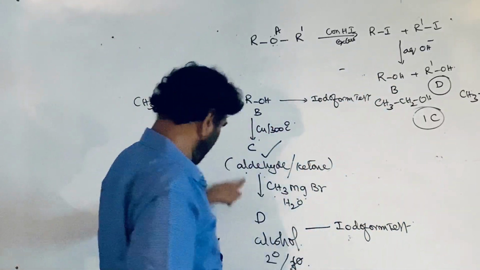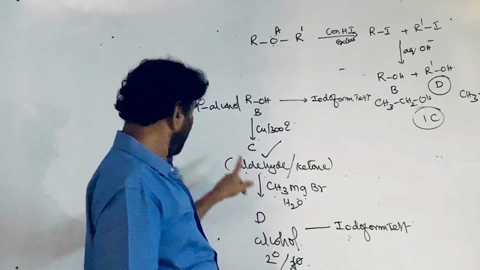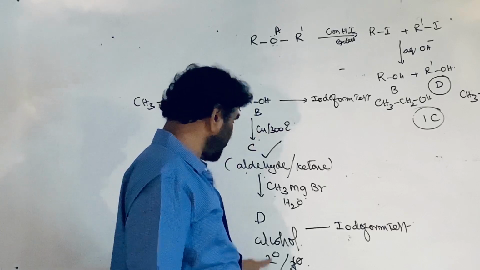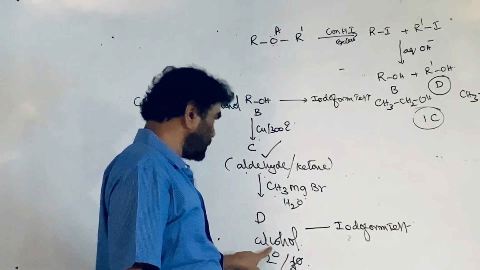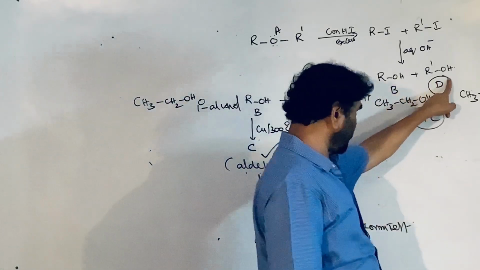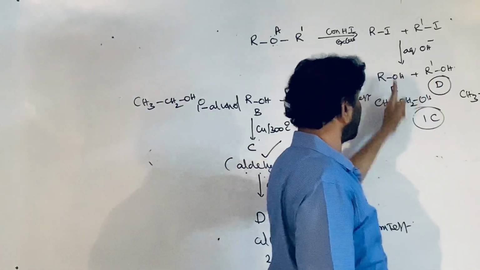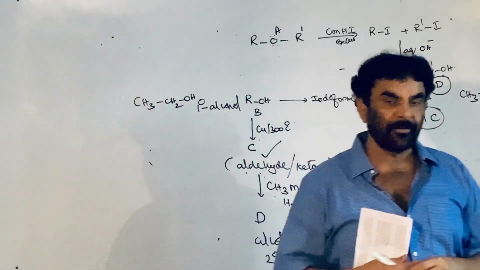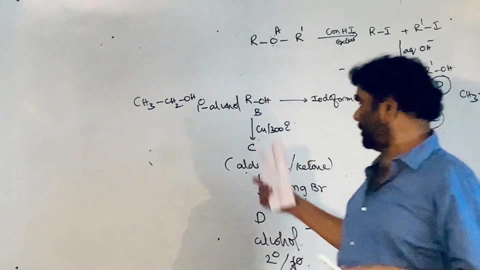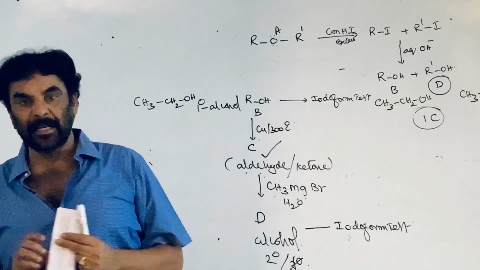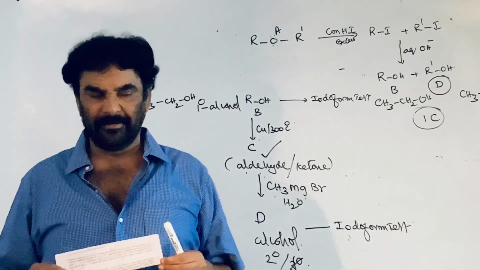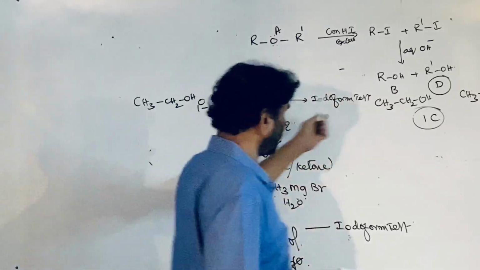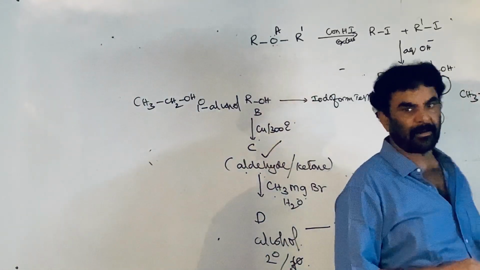So here the difference between this alcohol and this alcohol is 1 carbon atom, because this is converted into this indirectly after introducing the methyl group, introducing the 1 carbon atom. So, therefore, primary alcohol that gives the iodoform test is ethyl alcohol. Therefore, this is ethyl alcohol, this is isopropyl alcohol.